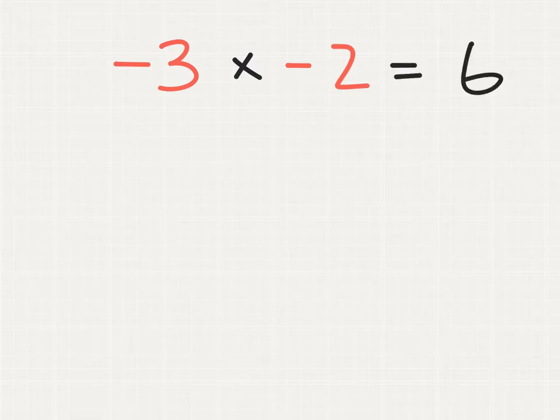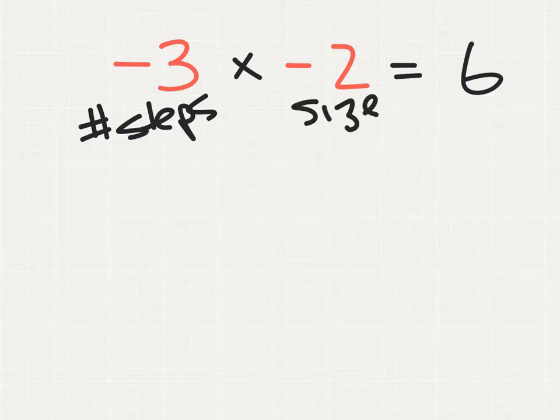When I attempt to model -3 times -2 equals +6 on a number line, once again, I need to remember that -3 would be how many steps, the number of steps. And -2 would be the size of each step.